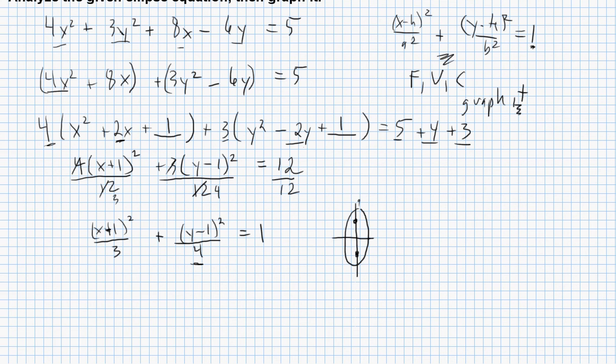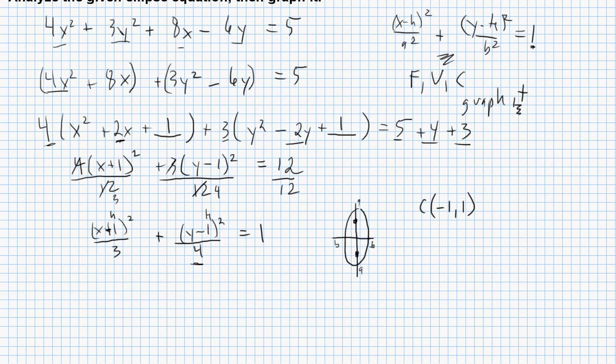This will be the A, and this will be the A, and this will be the B, and this will be the B. So right off we can see, oh look, here is the H value and there is the K value. So we can see that the center point is going to be -1, 1 when we graph it.